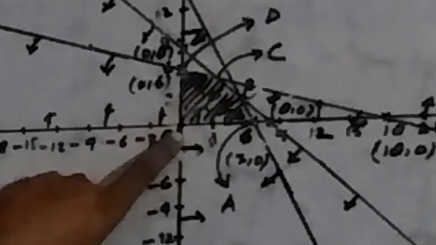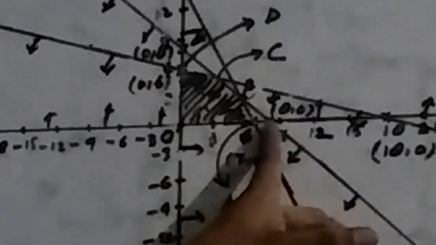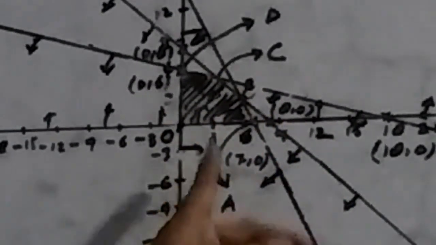Now the next step of this process is to observe the corner points of this visible region. One corner point is O, the other one is this corner point, which is say A, and I have written A in this way, and put this arrow marking to indicate that this point is A, because there is much congestion and we don't write all the letters here, in order to avoid confusion.